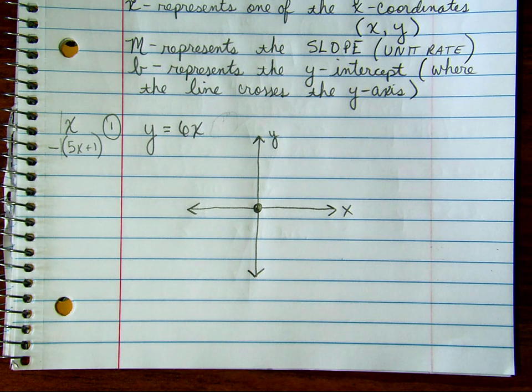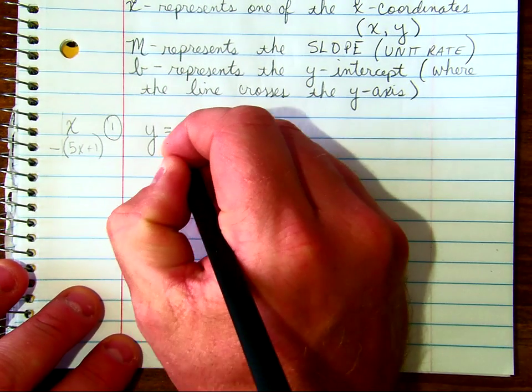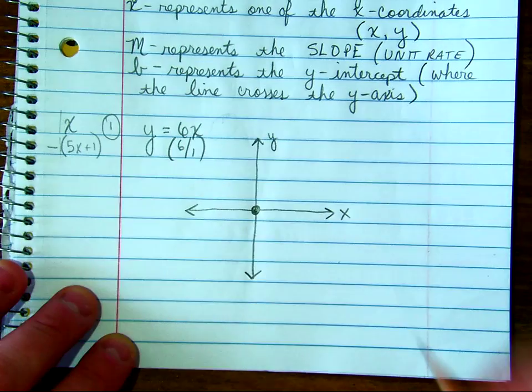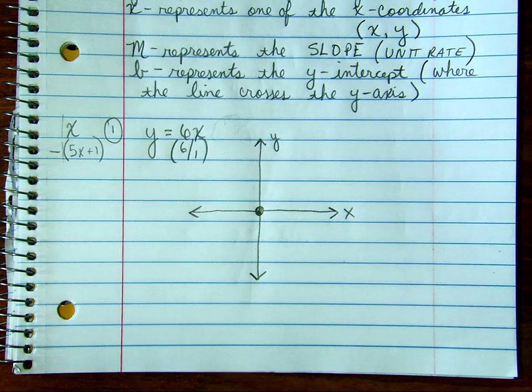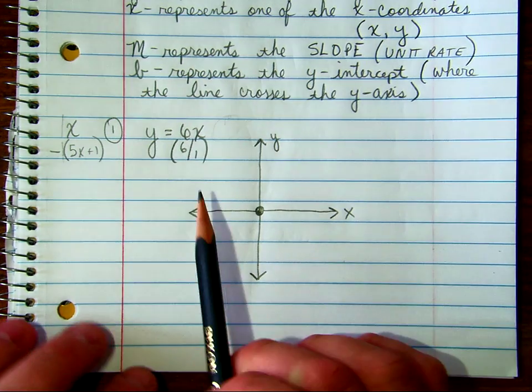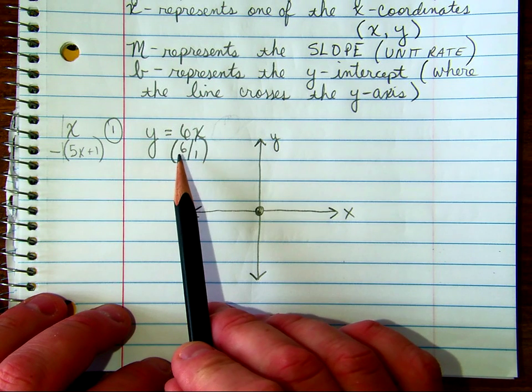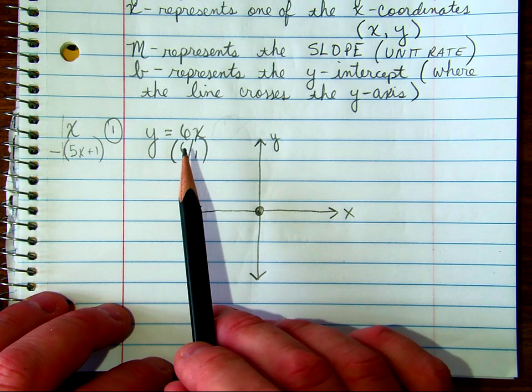Kylie? 6 over 1 is correct. Now remember the song, y over x. The y goes in the numerator, the x goes in the denominator, y over x. Well, that's what we're still doing this. It's back. The song is back.